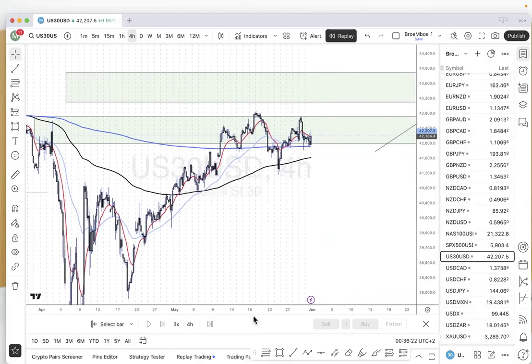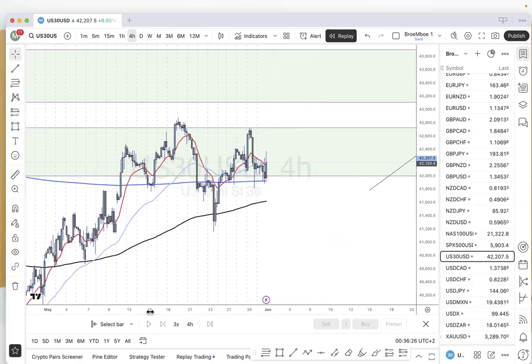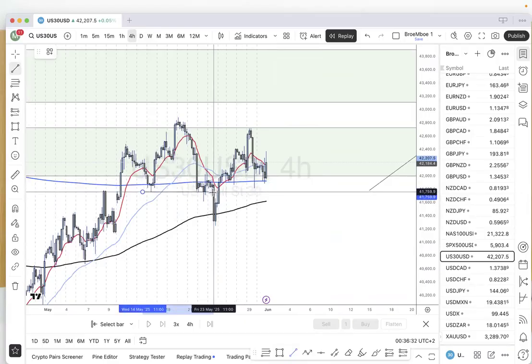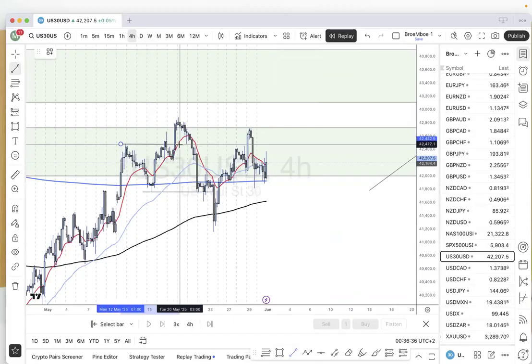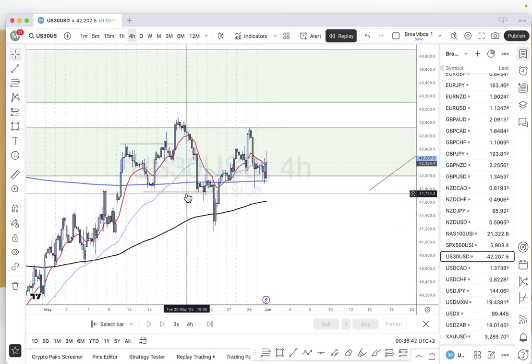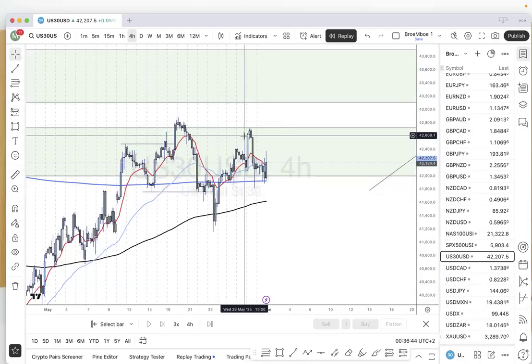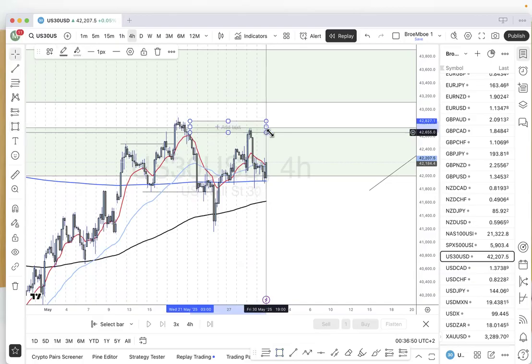Now, this is 4 hour, and I can already see 4 hour has done something here. Push up, push back down, clear that low, and then push back up, and then start to sell.